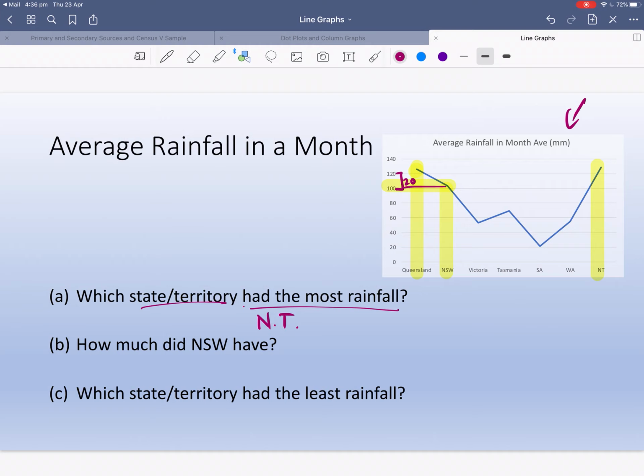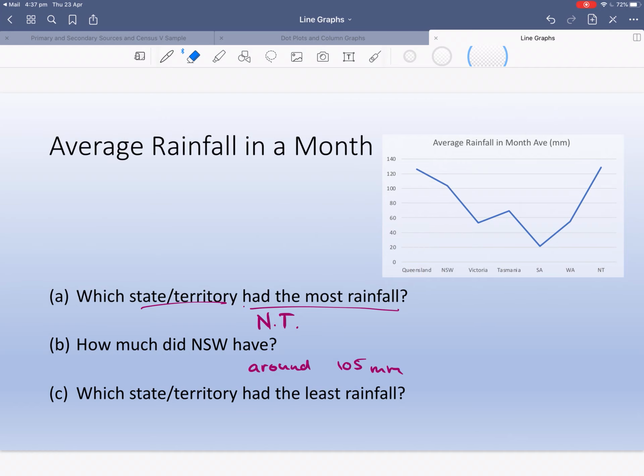Okay. So I'm going to say around 105, and I know it's millimeters because it tells me there. Okay, so that's how much rain fell in the month. I think it was February, it might have been March.